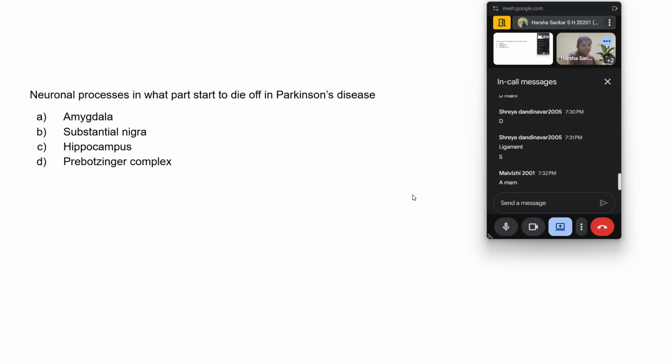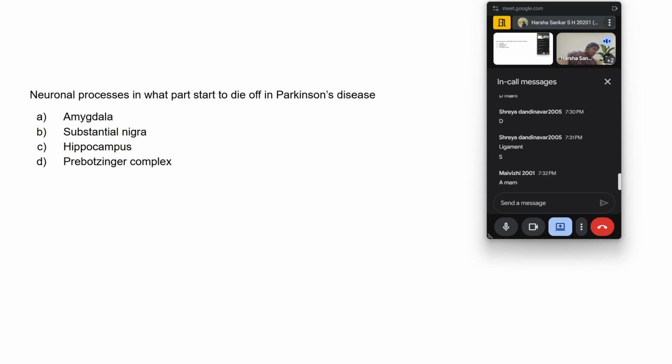Neuronal processes in what part start to die off in Parkinson disease? Now the question is not about Alzheimer's, it's about Parkinson's. At which part do the neuronal processes start dying off? Option A amygdala, option B substantia nigra, option C hippocampus, option D pre-Bötzinger complex. Parkinson's is a motor coordination disorder.